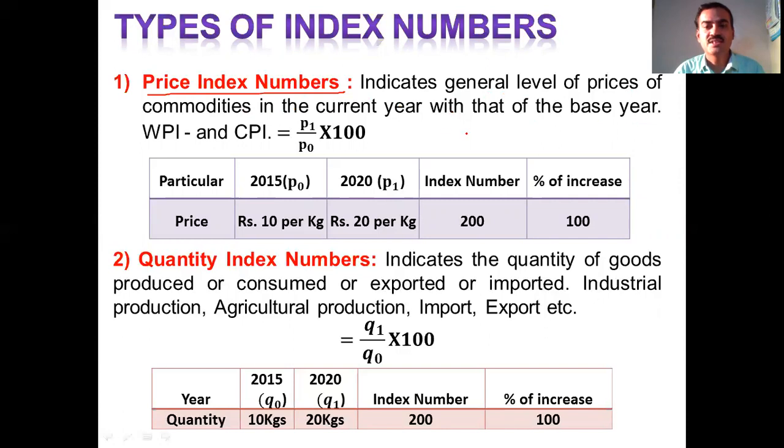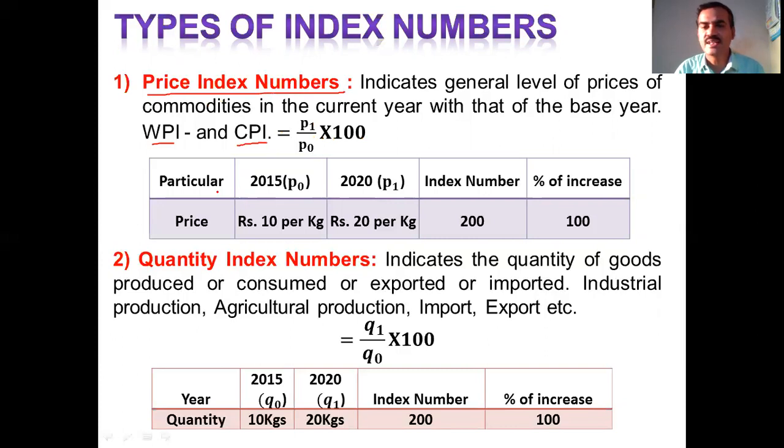It measures the changes in the price of a commodity in the current year compared to the base year. For this we use this formula, and here we calculate the wholesale price index number, consumer price index number, like that.